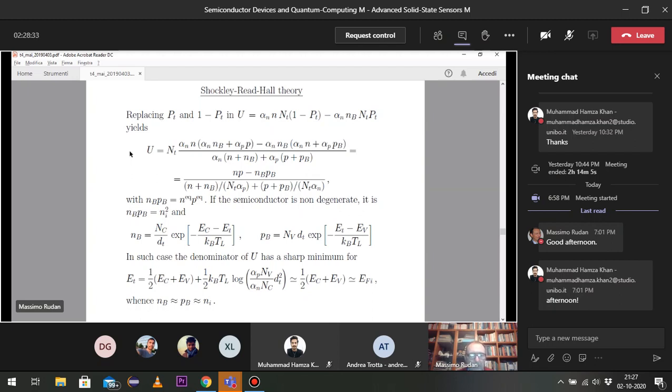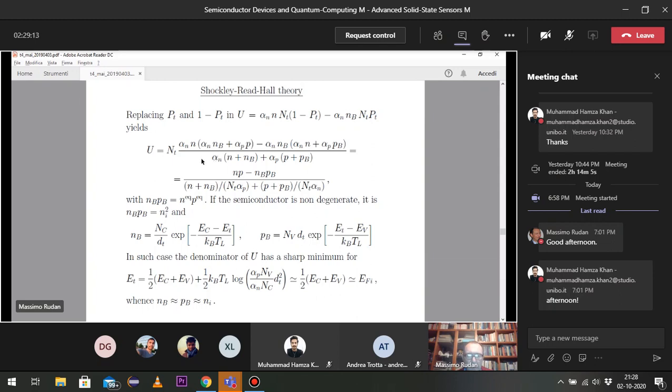Because first of all, there are terms in the numerator that cancel out. You see immediately that we have alpha n, alpha n, NB, and again we have alpha n NB, alpha n. They cancel, okay? So in the numerator we have np, this one, multiplied by alpha n, alpha p.